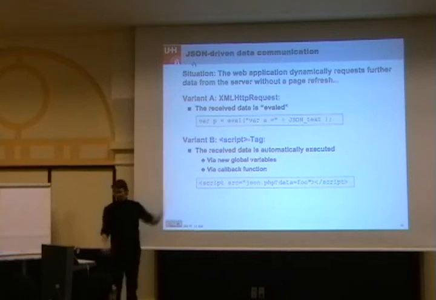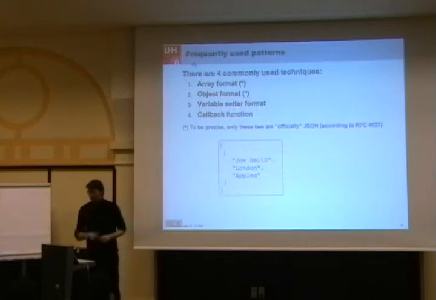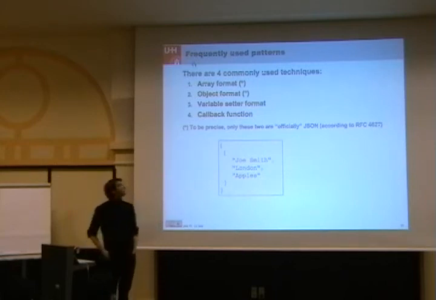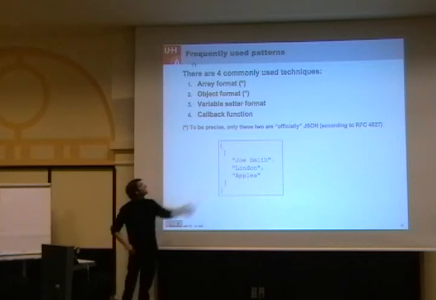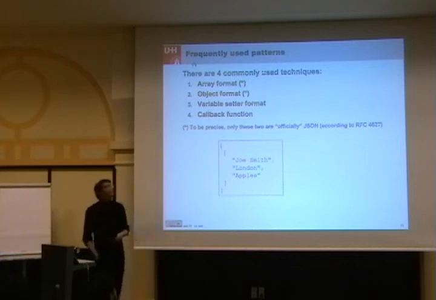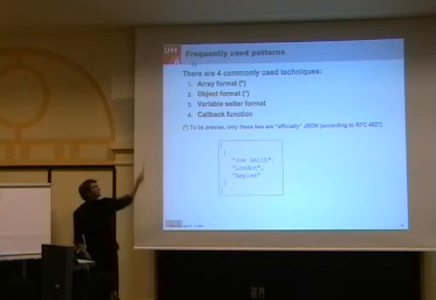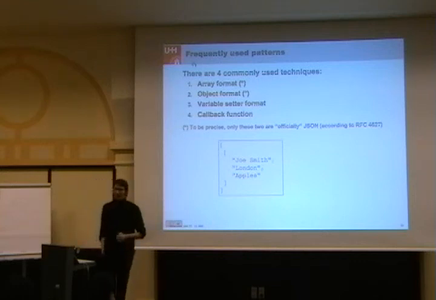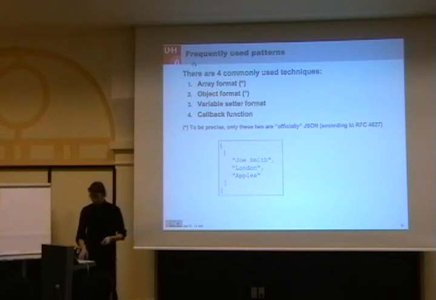You could also do it with script tags. This is a variant you see sometimes. There are a couple of different formats. The easiest one, and the first that was there, was an array format. It's displayed here. But you can also have the JSON object format, and there are 2 variants that support browsers that don't have XML HTTP request: variable setter and callback function.